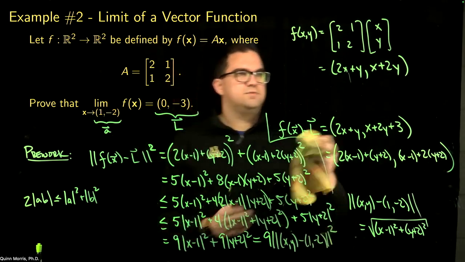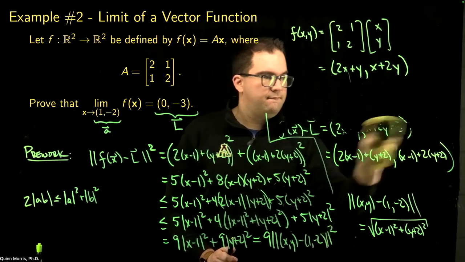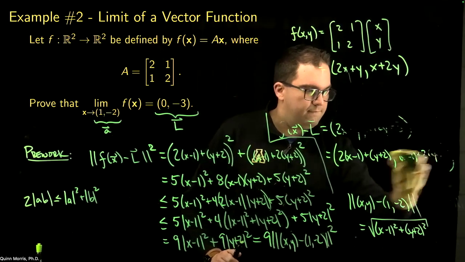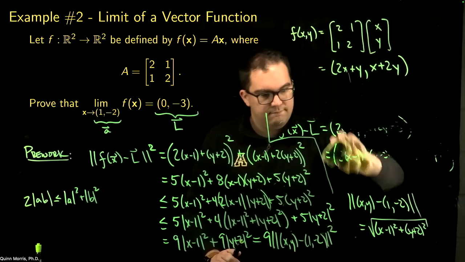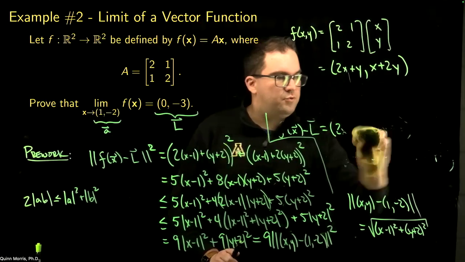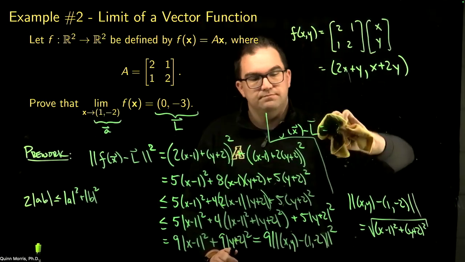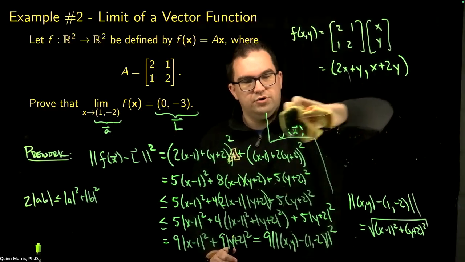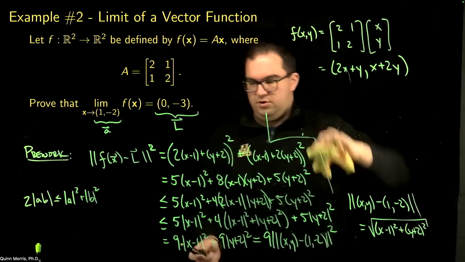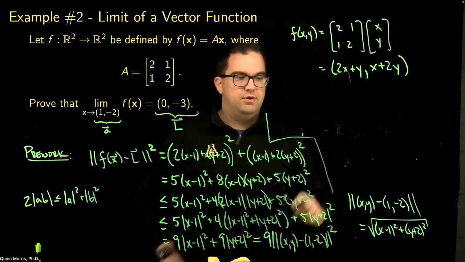Right, so what is all this pre-work done for me? This pre-work has actually shown me that the difference between the outputs squared is less than or equal to some multiple, 9 times the distance between the inputs squared.